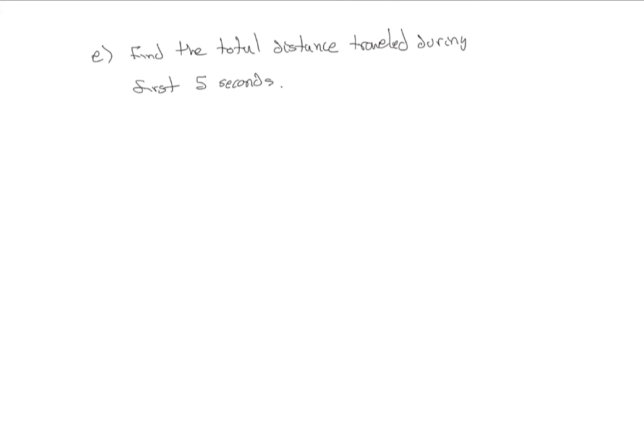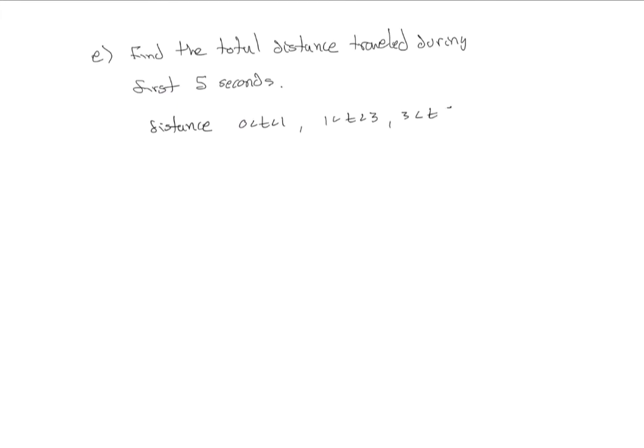What we really have to do is find the distance from 0 to 1. That's going to be the distance in the positive direction. Then we need to find the distance between 1 and 3. And then we need to find the distance from 3 to 5.